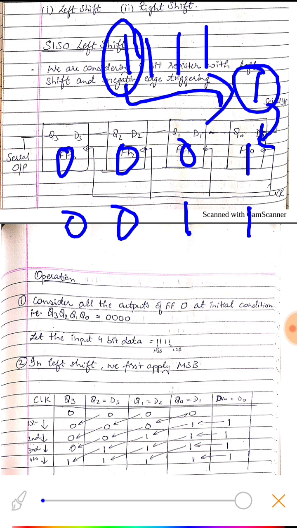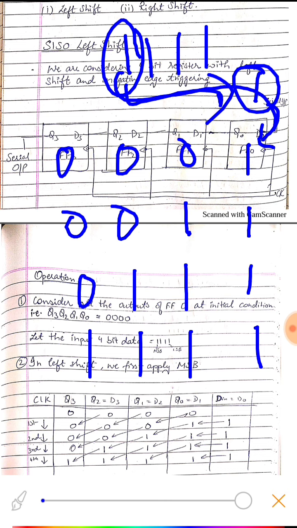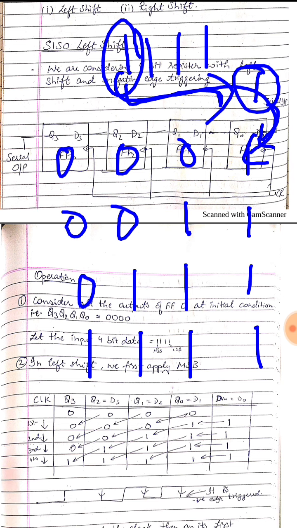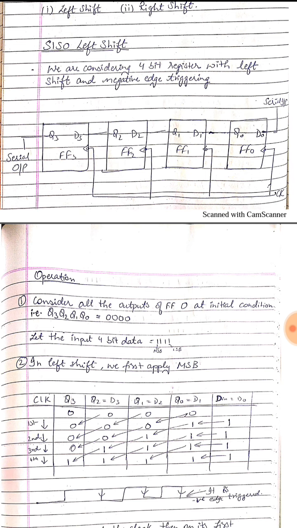On the next edge it will become 1 1 1 0, and on the last negative edge it will become 1 1 1 1. So data is entering from the MSB into the flip-flops one by one, as you can see in the table also.